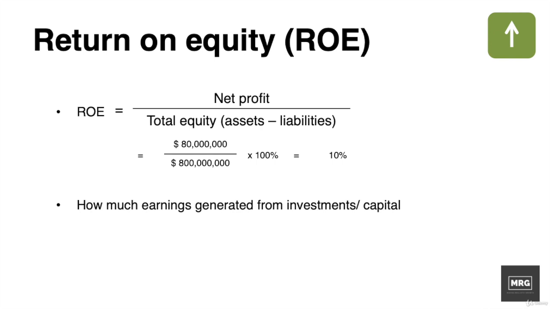So what does an ROE of 10% mean? This means, or rather it shows, how much earnings is generated from investments or capital. Maybe the word investment here is not the best word to use for this instance. Maybe it should be presented as how much earnings generated from equity. But to give an idea, we are just trying to show from ROE how much the company can get in return from the equity invested.